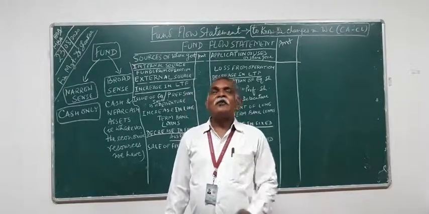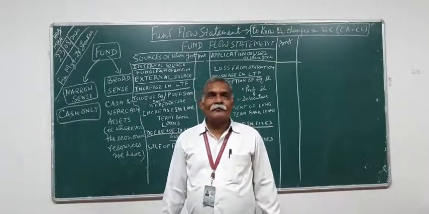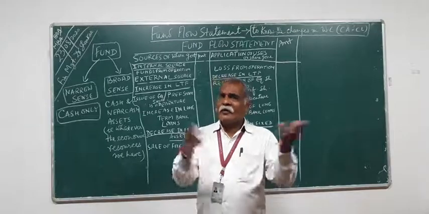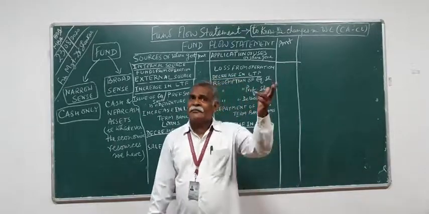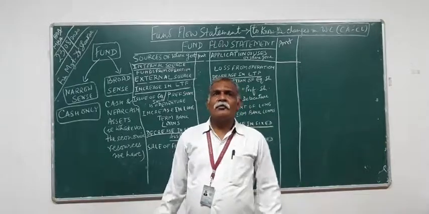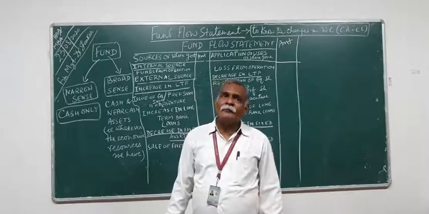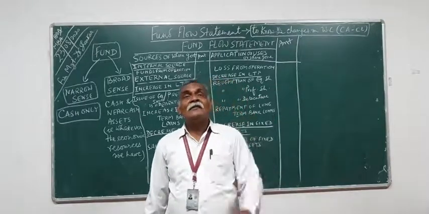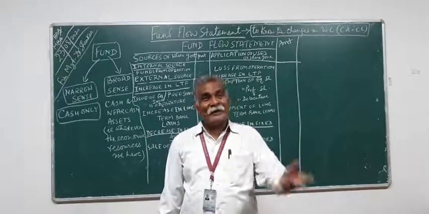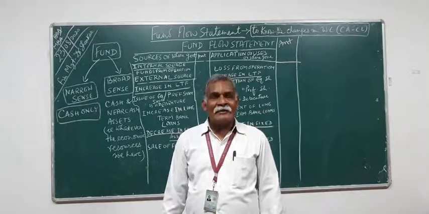Is that clear? Now, why do we prepare the fund flow statement? We prepare it to know the changes in working capital. Why? You cannot get these changes in working capital from other statements like the income statement, balance sheet or position statement. From the P&L account you will get the net profit or net loss, income or expenses, which we consider in the income statement.